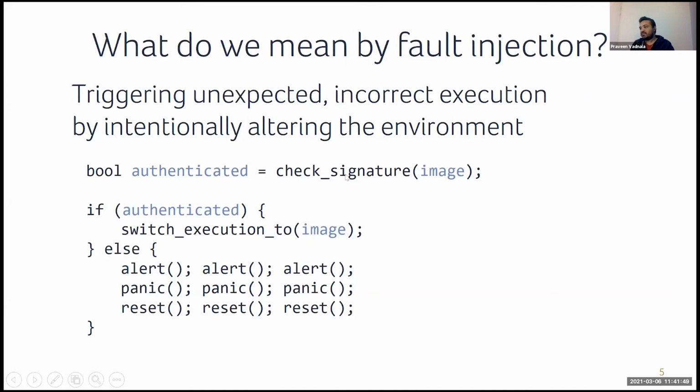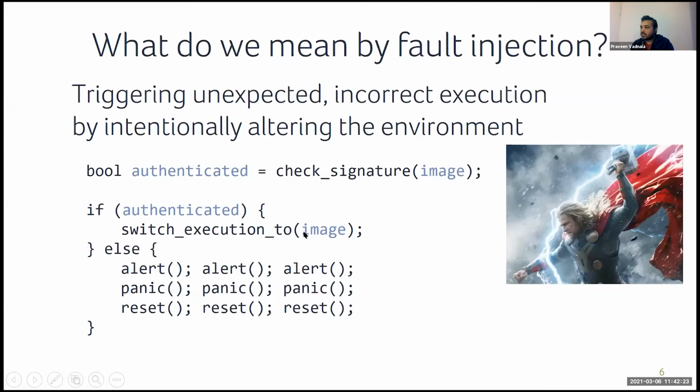If everything went well, authenticated will be set to true, and if that is the case, the device starts executing the image. Otherwise, it knows that the image is not a proper one, so it should not continue execution, or it just resets the device. This is normal, what you see in most secure devices.